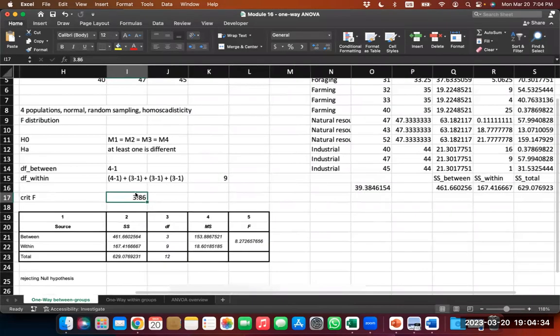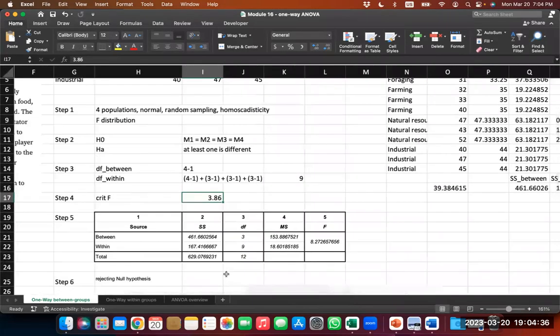Next, we just need to populate our ANOVA source table. Know how to do that, know how to read it. So you have the source shown in column 1. We have between, within, and total. The sum of squares in column 2, where we have the between groups sum of squares in the first row, within groups sum of squares in the second row, and the total sum of squares in the third row.